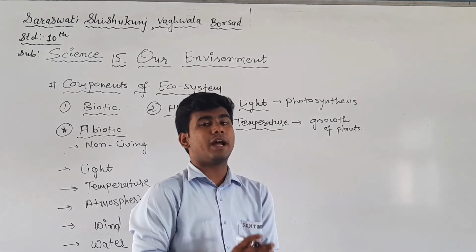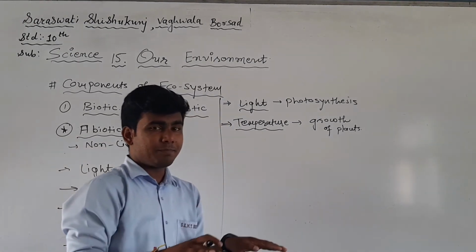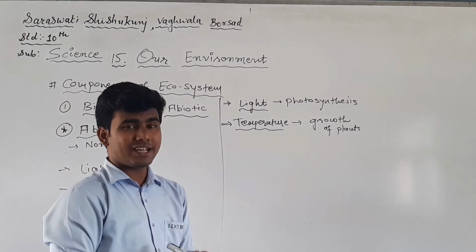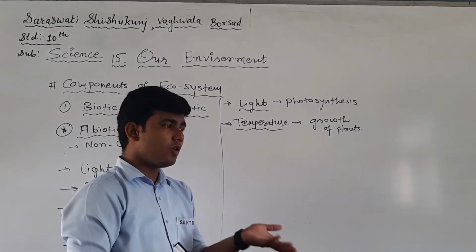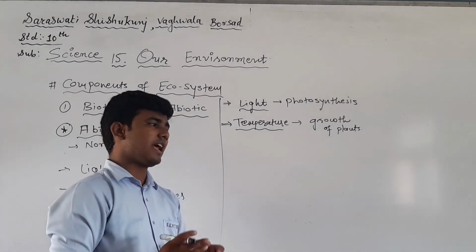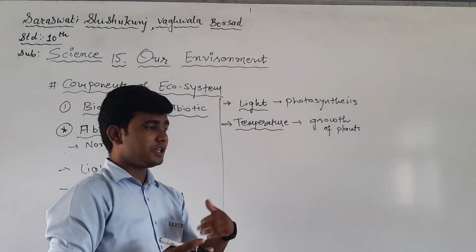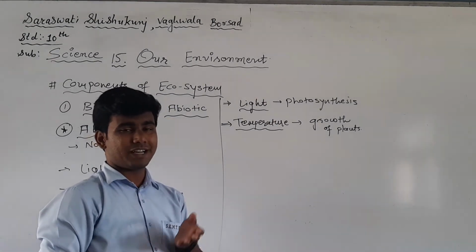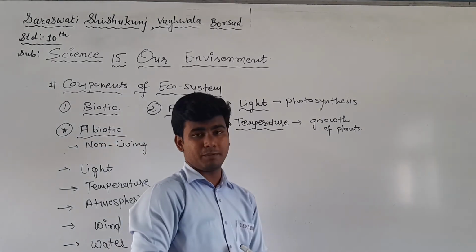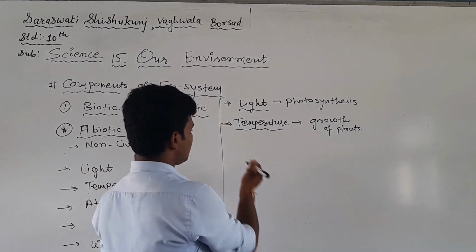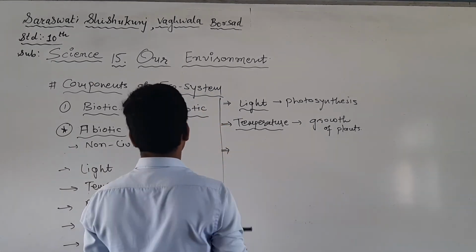It is due to the temperature on this earth. If the temperature rises, there will be no water on this planet; it can be in the form of vapor. Also, if the temperature increases, it creates problems like global warming. So temperature is a very important abiotic factor.